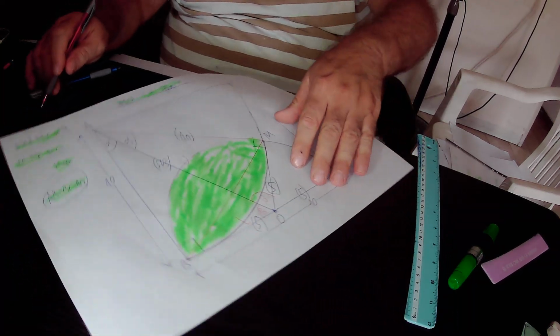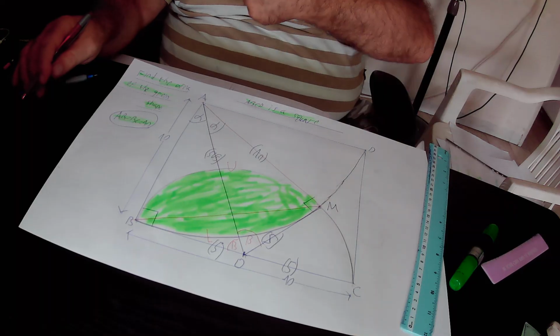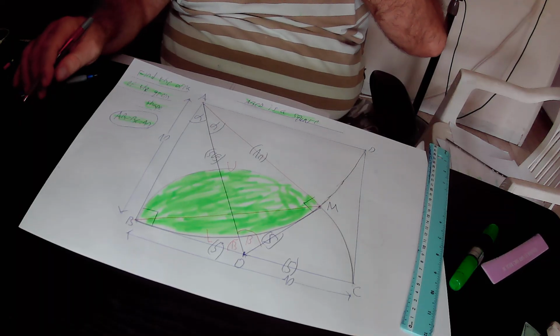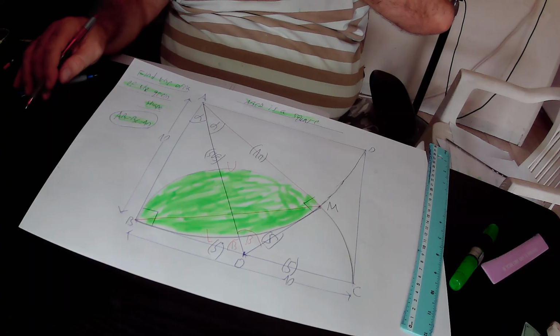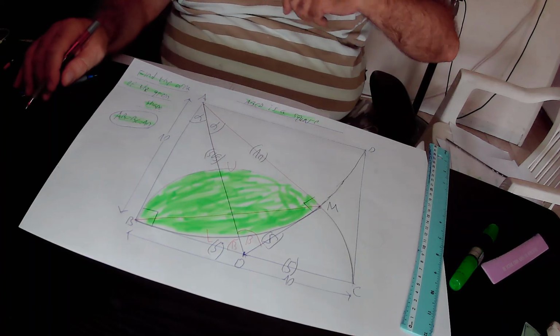We'll find the area of each segment separately, and then we'll add the 2 areas to each other, and this will give us the area of this green shape.